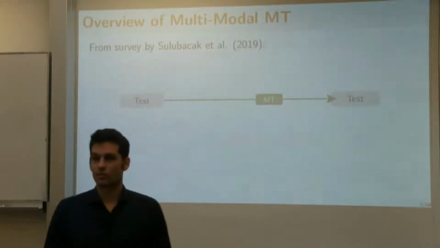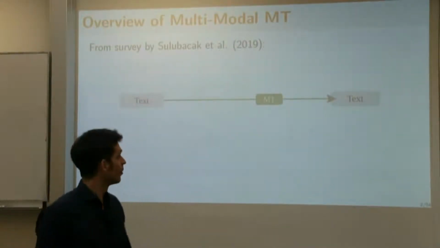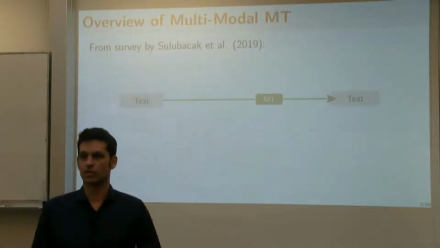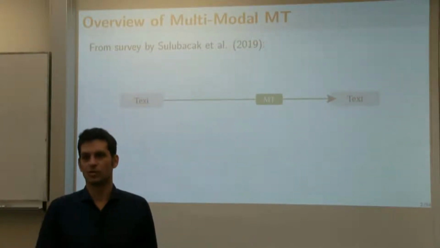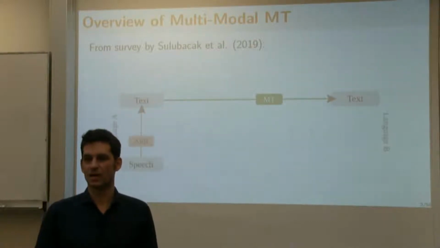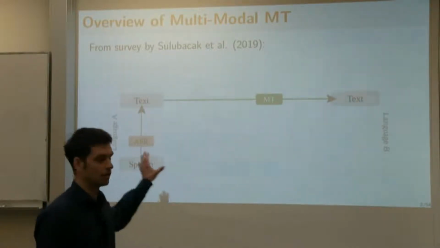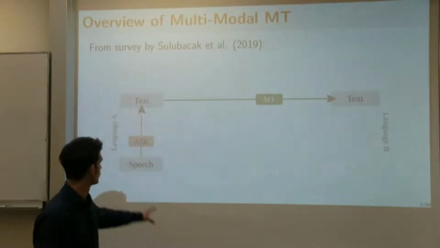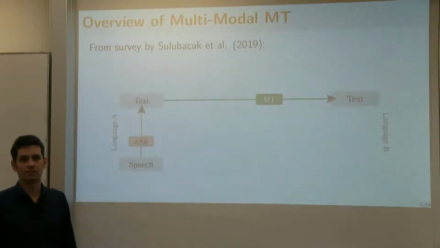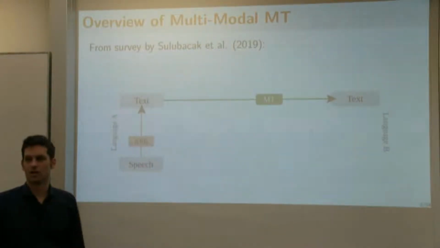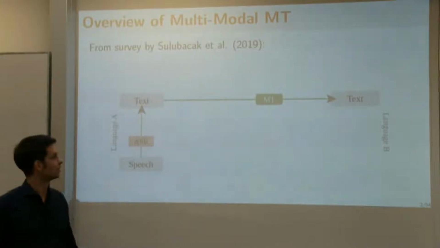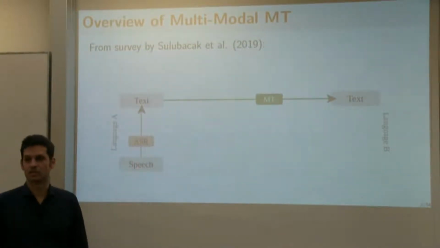So this is what we have been doing so far. We have always had the text in the source language, and we were using machine translation to get to the text in the target language. And this time we're going to complicate it a bit. We're going to add the speech on the source side. So we need some technology to convert the speech into the text that the machine translation system is ready for.